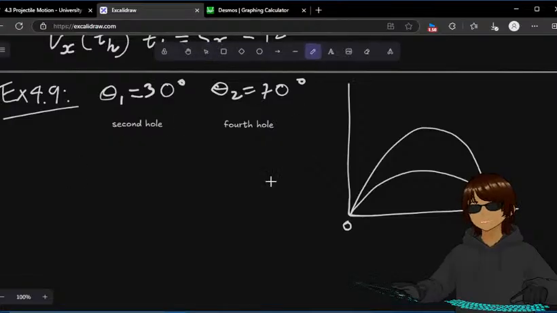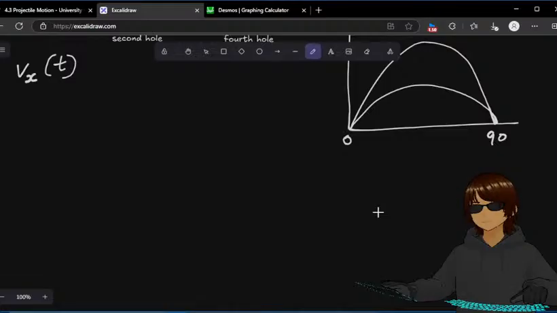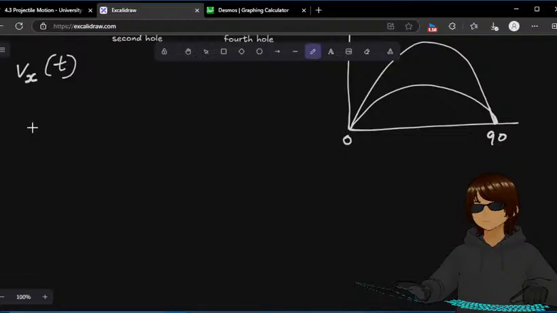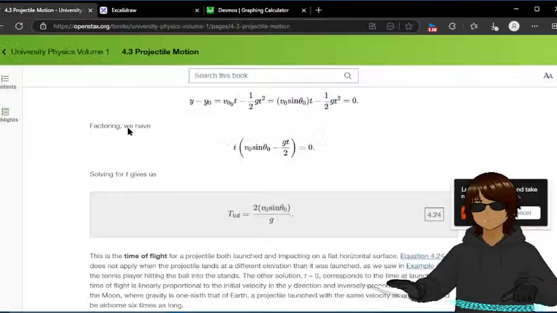Okay, so we have the v in the x direction, t. This will be constant. I'm confused. Hold on. V naught sine theta.